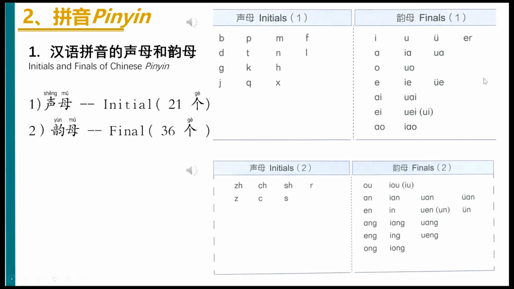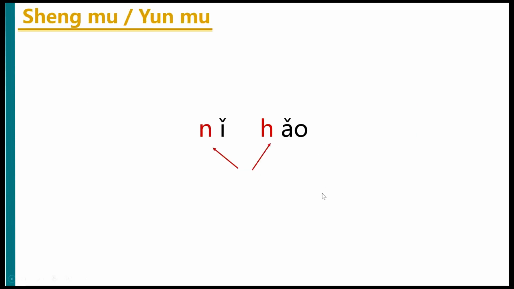So thousands or millions of Chinese sounds and characters are all made up of these 21 initials and 36 finals. The red part is 声母, initials, and all the syllables start with 声母.